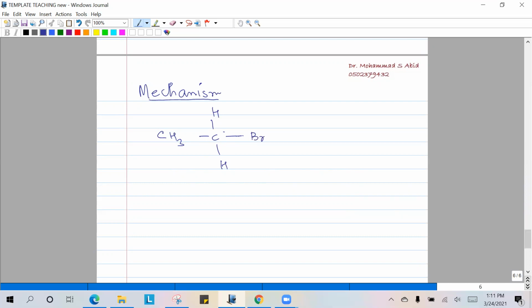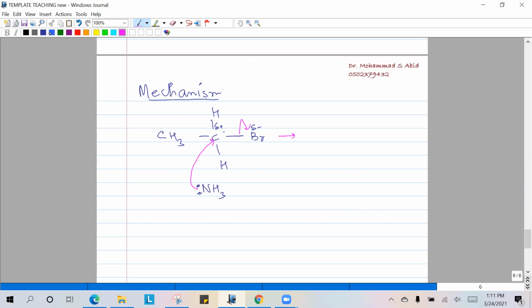This was our haloalkane. This is partially positive, this is partially negative. I had the ammonia reacting with it. It has a lone pair of electrons. It being a nucleophile, it will attack the positive center. The Br is more electronegative. It will take away the electrons.